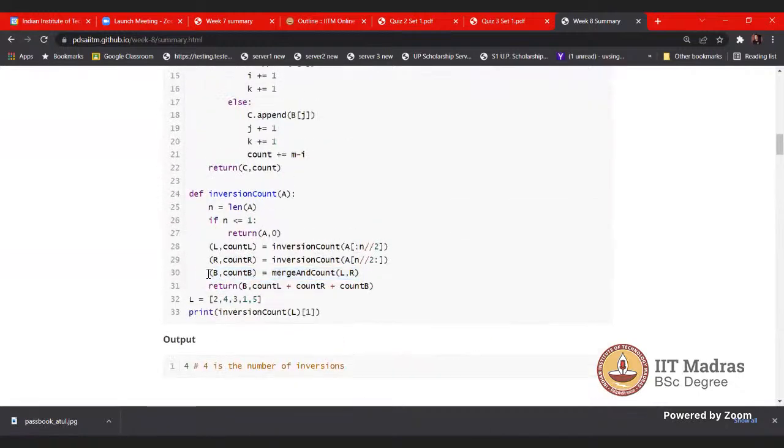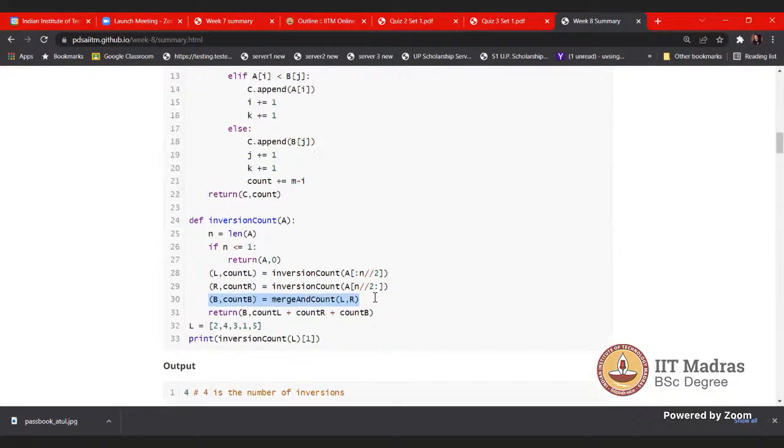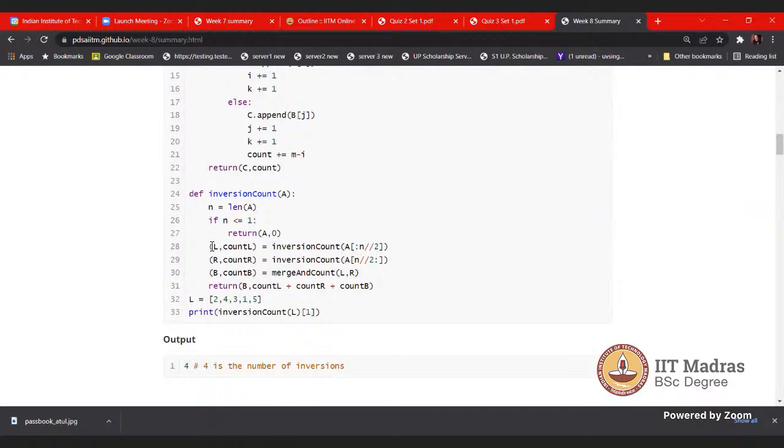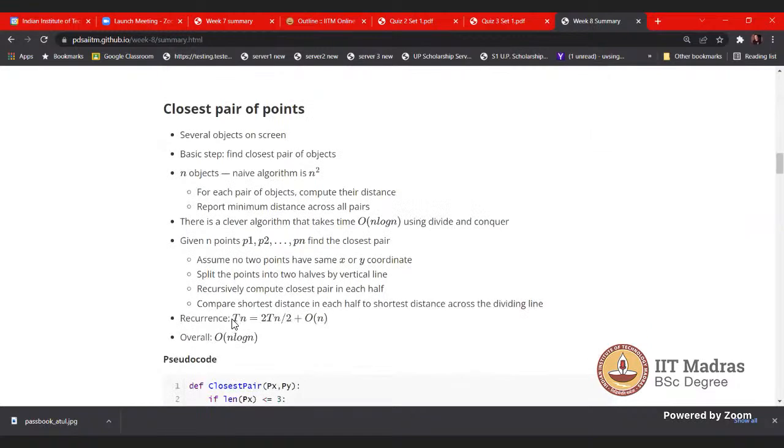The other parts are constant; this is the main part which takes order of n. So we represent the recurrence relation in that form.